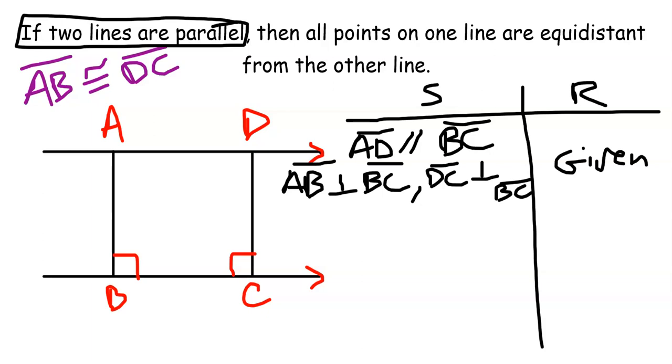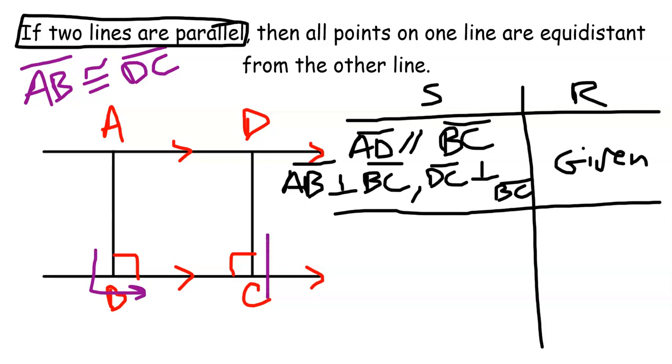So what we're given is all of the information we already talked about. We have two parallel lines, which is very nice, because parallel lines tell us something about transversals. Well, as it turns out, line BC is also a transversal for segments AB and DC. And we notice that angle ABC and angle DCB are both right angles.